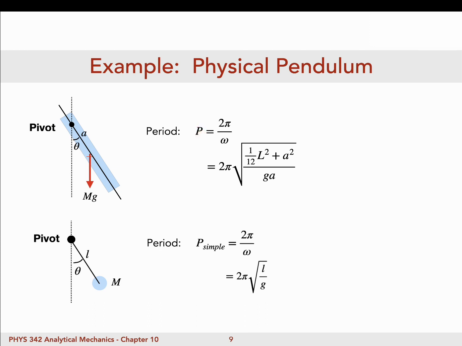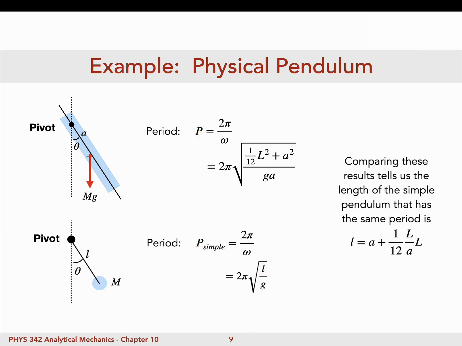So we just set these periods equal to each other and solve for L. And when you do that, the 2 pi's cancel, the square root of g's cancel, and what we have left over is L equals this thing over a. So we get this right there. So the length of the simple pendulum is a, the distance from the pivot to the center of mass, plus this extra little bit. So 1/12, basically, L squared over a.